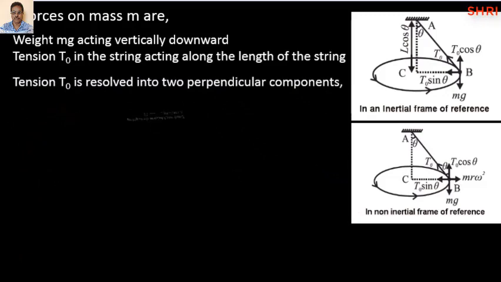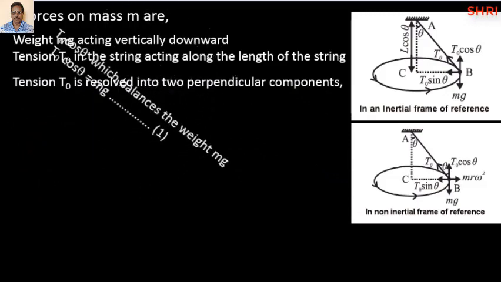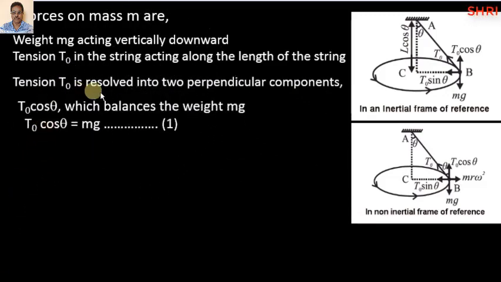This tension T0 is resolved into two perpendicular components. The first is T0 cos theta, which is vertically upward and opposite to the weight. So T0 cos theta balances the weight, and we write the equation T0 cos theta equal to mg. Suppose this is equation 1.